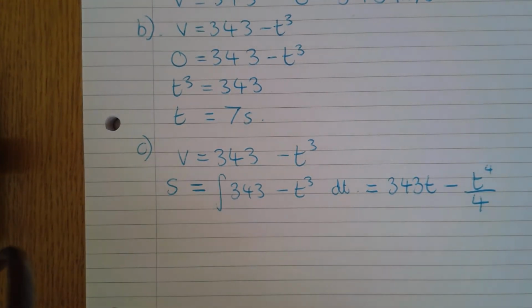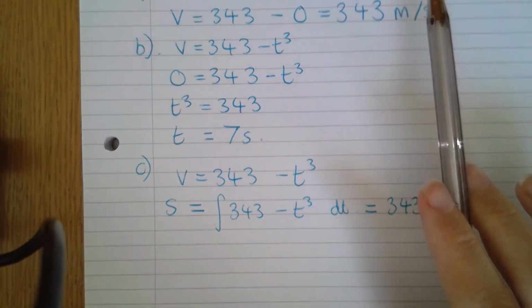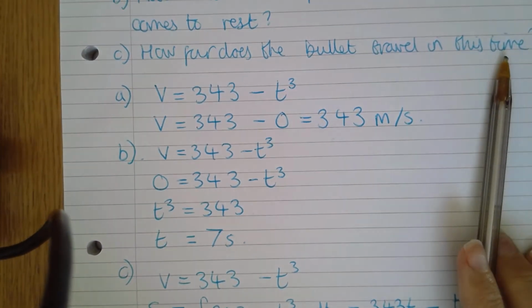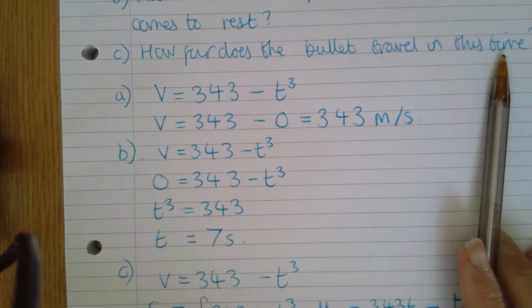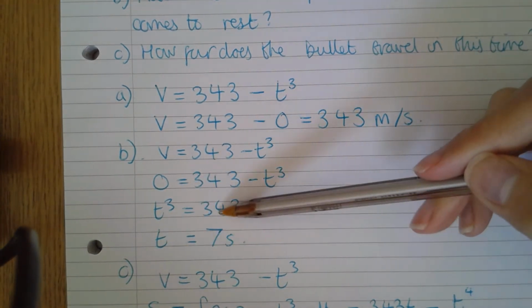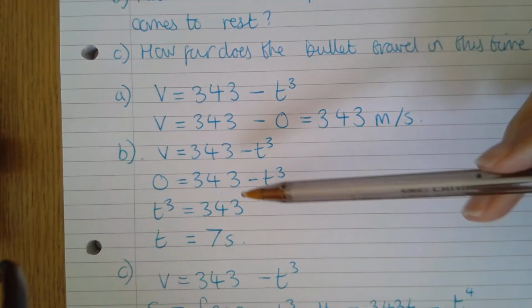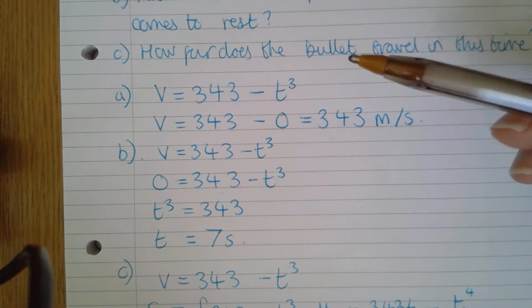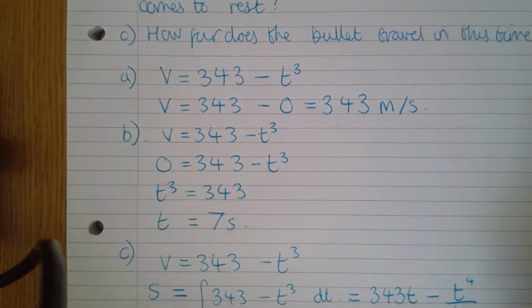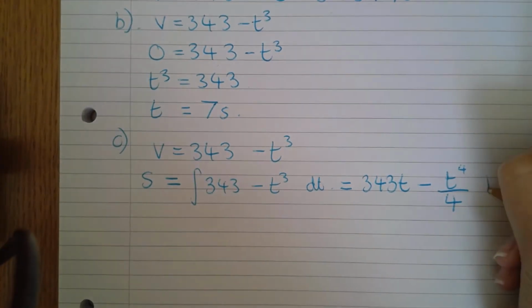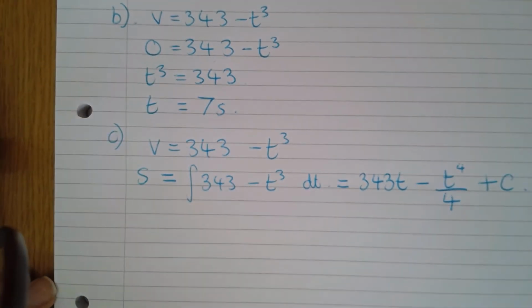Then it says how far does the bullet travel in this time? You're going to use your answer from B and substitute it in, but I've forgotten my constant of integration.